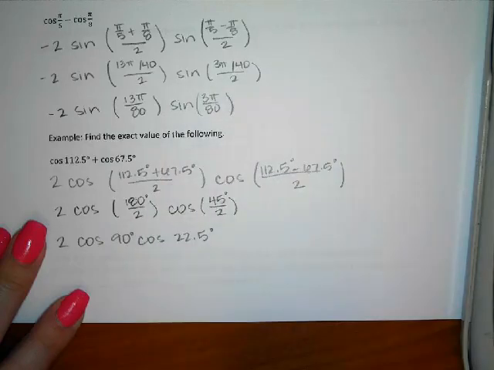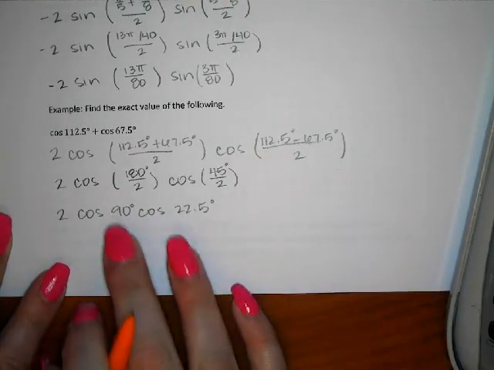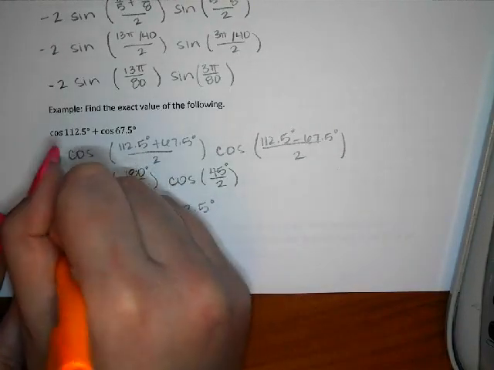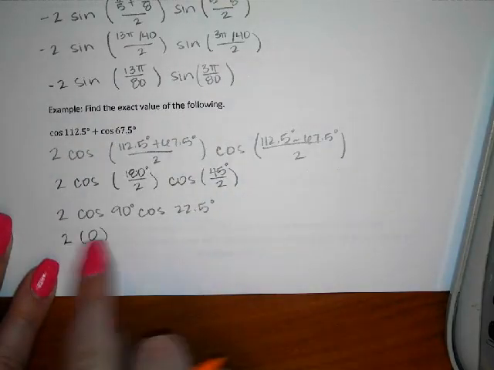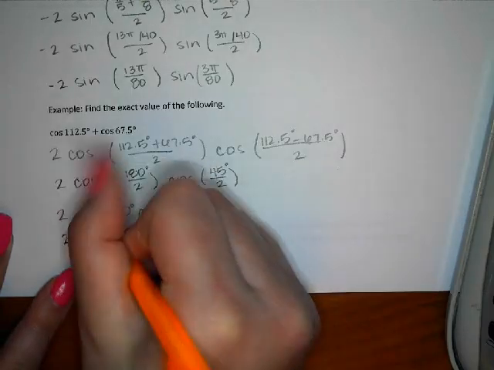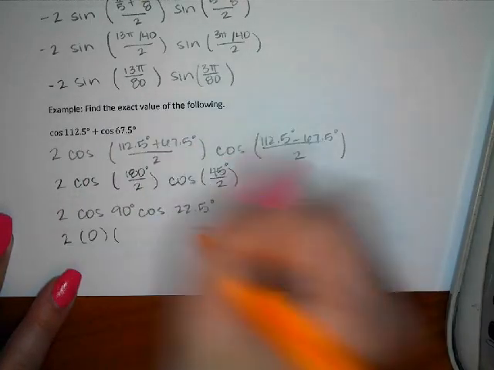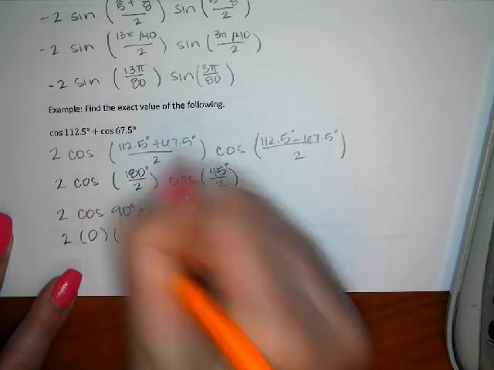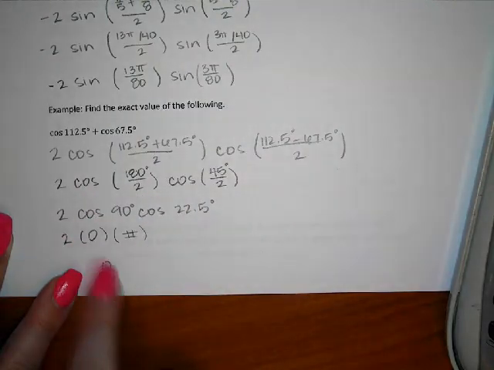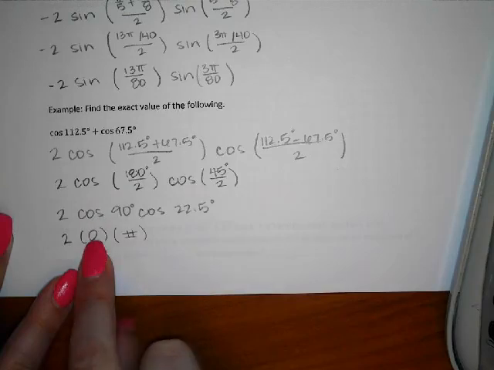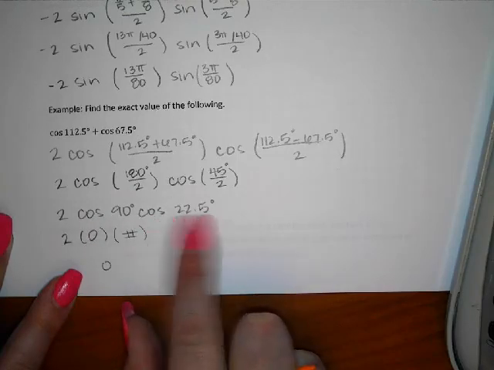Okay, cos of 90 is 0, and we're lucky for that because 2 times 0 times cos of 22.5, whatever that number is, is going to make the entire thing evaluate to 0. If this had been any other number, then we would have had to do a half angle identity for this one.